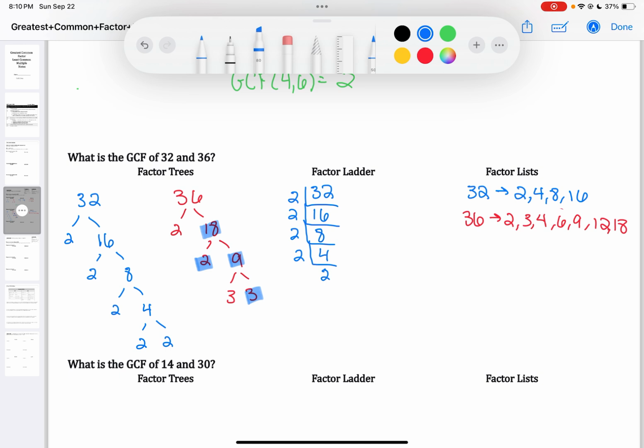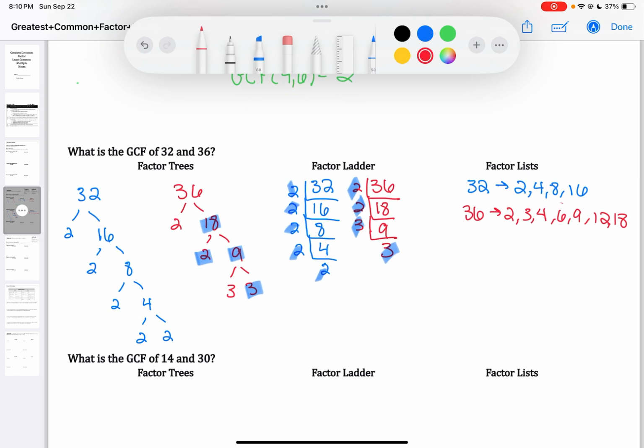So that's what gives me my 1, 2, 3, 4, 5 2s. Same with 36. 36 divided by 2 is 18. 18 divided by 2 is 9. And then I can split 9 into 3, which will give me 3. So I'll have my 1, 2 2s and my 2 3s.